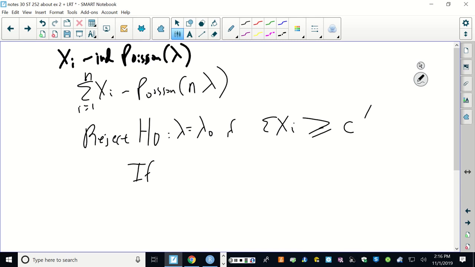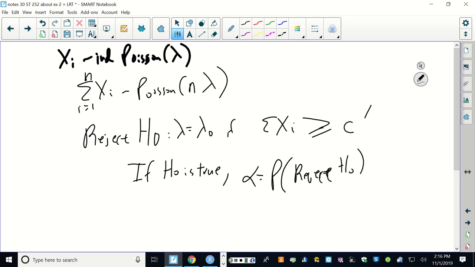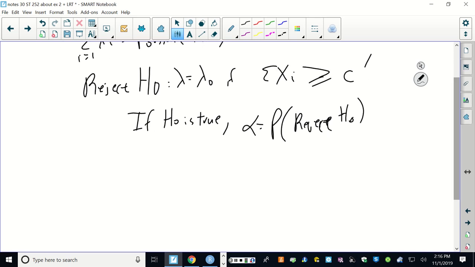It's discrete, so is it at that integer or one more? You can figure that out, right? If h0 is true, we can calculate alpha. Alpha equals the probability that we reject h0. That's its meaning, that's the significance level, the type 1 error rate. If the null hypothesis is true, but we reject, that's a type 1 error, and this is our probability.